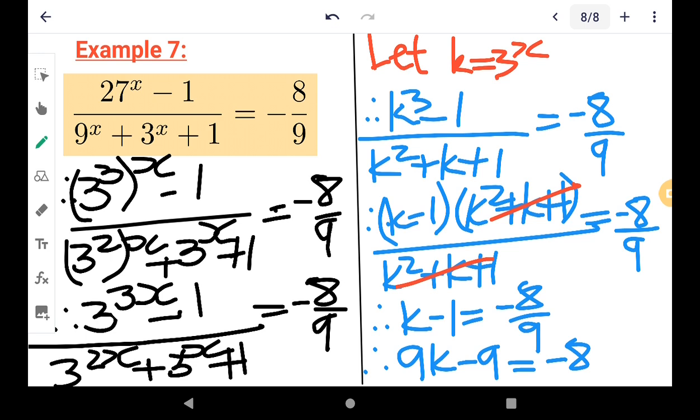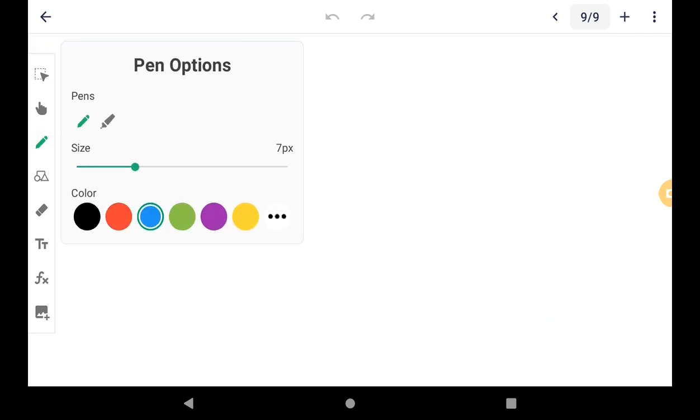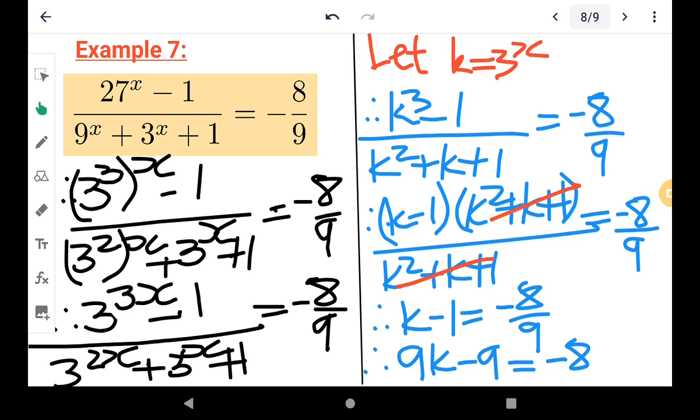Take all the numbers to the right hand side. Therefore, 9k equals, taking this to the right hand side, it becomes 9 minus 8.